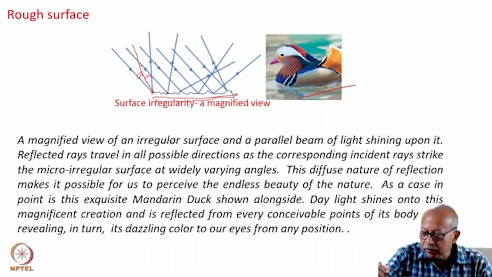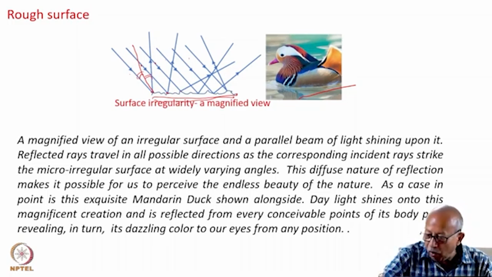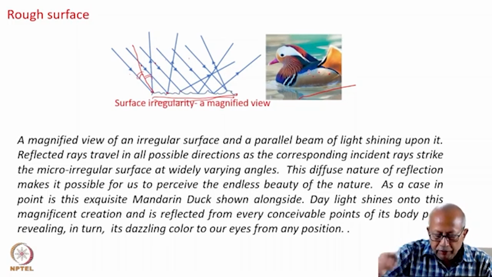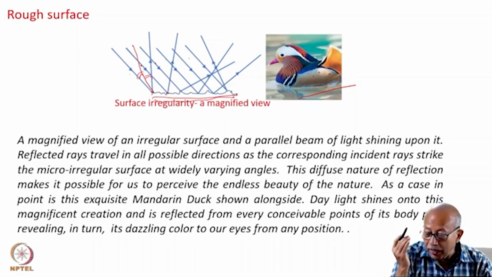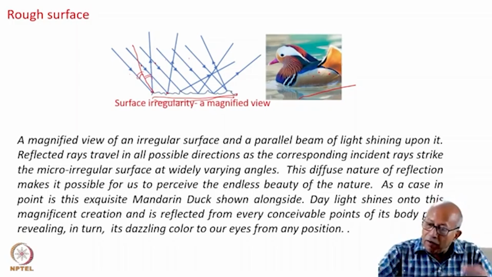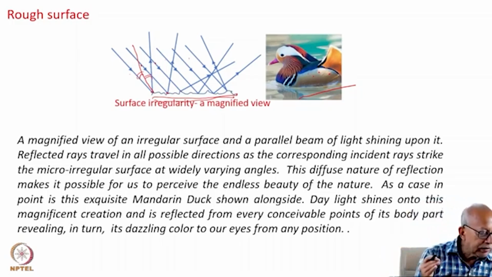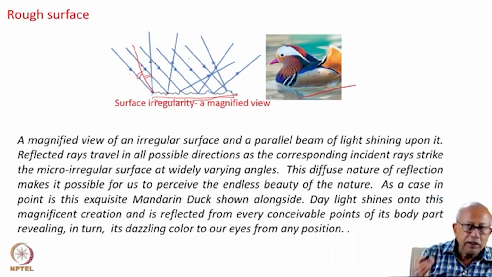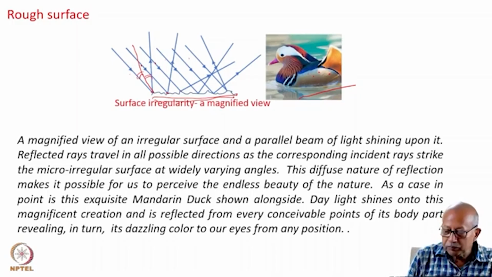Daylight shines onto this magnificent creation and is reflected from every conceivable point of its body, revealing in turn its dazzling color to our eye from any position, because the reflected ray travels in all possible directions. This thus reveals the uniqueness of nature.